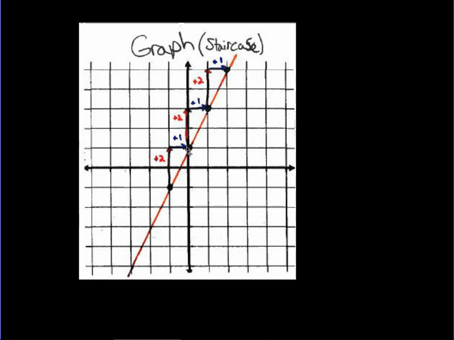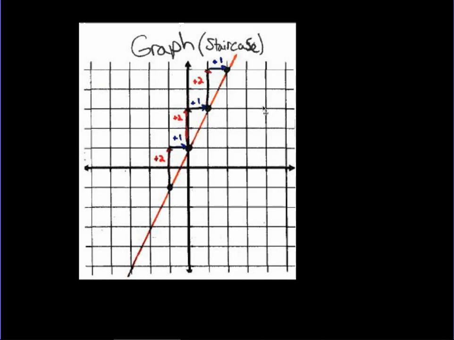This is how you find each point as a solution. Each time you're making a staircase, you're taking 2 steps in the y direction and 1 step in the x direction. If you can go up the staircase, you can also go down the staircase. So if I went 2 down and 1 to the left, it would still give me a point on that line.